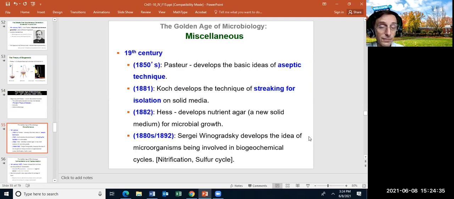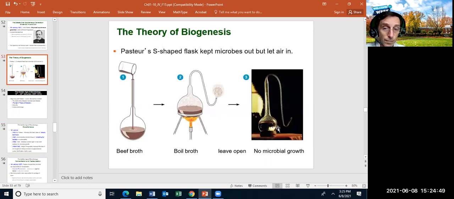In 1850s, you don't need to know the date, Pasteur developed the basic idea of aseptic technique, where you have a culture, which in this case, there's nothing growing in it, but if you were to put one cell in it and then it were to grow, it would be aseptic because things from the air can't fall in and then contaminate it. Any question about that?